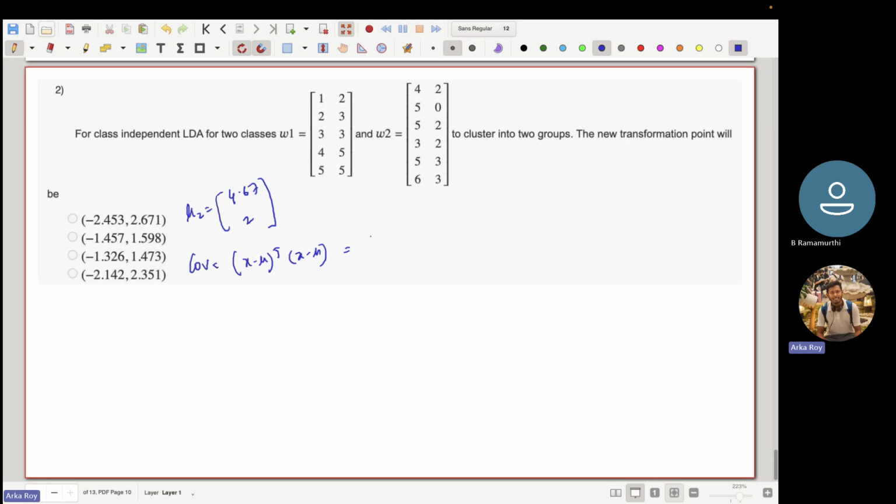Writing x minus mu first, in this case it would be 4 minus 4.67, 5 minus 4.67, 5 minus 4.67, 3 minus 4.67, 5 minus 4.67, and 6 minus 4.67.